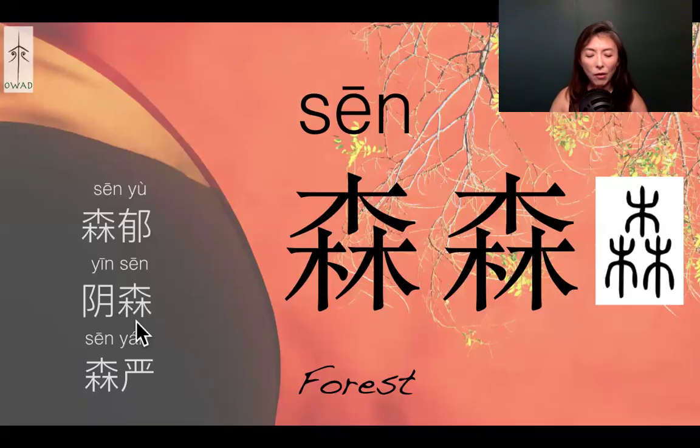So 阴森 oftentimes pairs with 恐怖, like horrifying. 阴森 in this case is this dark, doomy, gloomy kind of sense. It's not only low energy, but almost has a sense of some looming danger out there. And you kind of stay alert, a high cortisol situation.